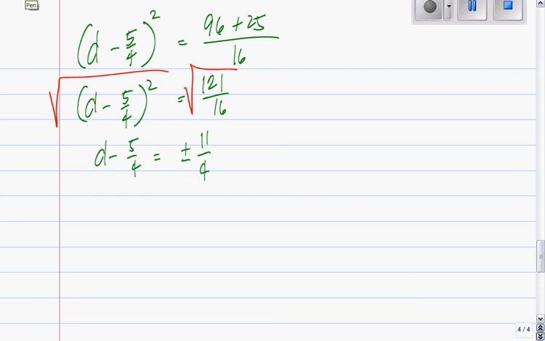Okay? And this now becomes, add 5/4 to both sides. You end up with d equals 5/4 plus 11 over 4, and d equals 5/4 minus 11 over 4.